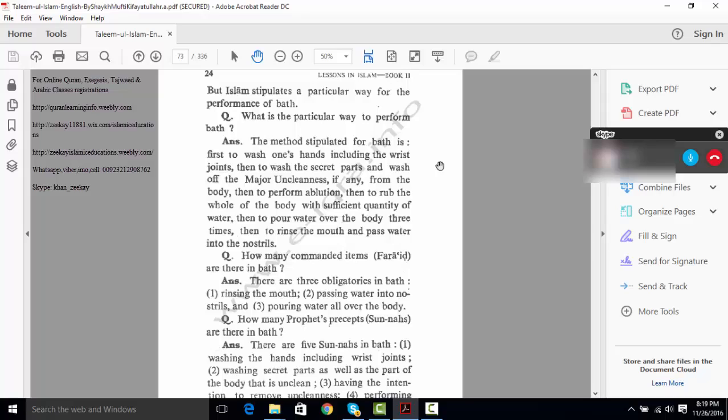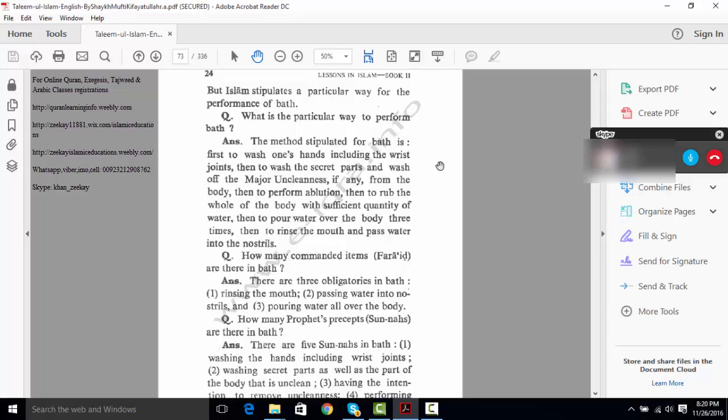Understand? So this is the specific way in Islam to have a bath, to have a ghusl. First, you have to wash your hands till your wrist joints. Then to wash the secret parts, and then wash off the major uncleanness, if any. Then, number four, to perform ablution.